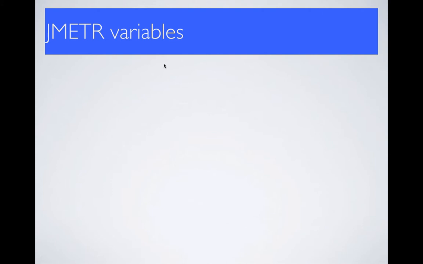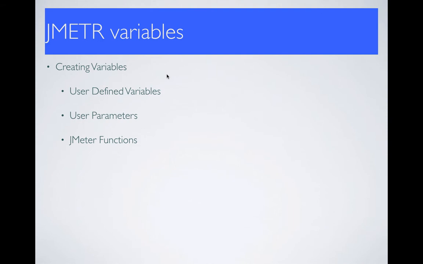Specific topics that we are going to cover in this video: creating variables using user-defined variables, user parameters, JMeter functions, and within JMeter extractors like the regular expression extractor post-processor.